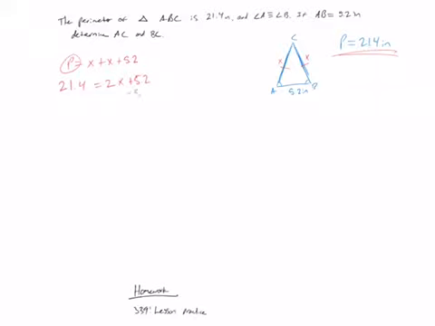If I subtract 5.2 from both sides, on the right hand side I end up with 2x, on the left hand side I end up with 16.2. Dividing by 2, x is equal to 8.1. So AC is equal to BC, which is equal to 8.1 inches.